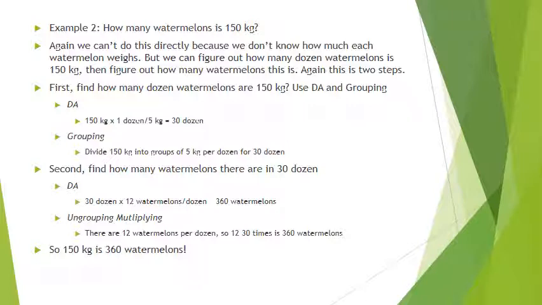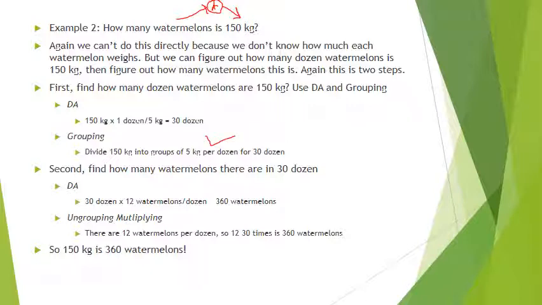All right, example number 2. You want to know how many watermelons 150 kilograms are. Well, you don't have a direct relationship between number of watermelons and kilograms, but you can figure out how many dozen that is, and then you can figure out how many watermelons that is. So first thing we'll do is figure out how many dozen, and there are 2 ways to do that, using dimensional analysis and grouping.